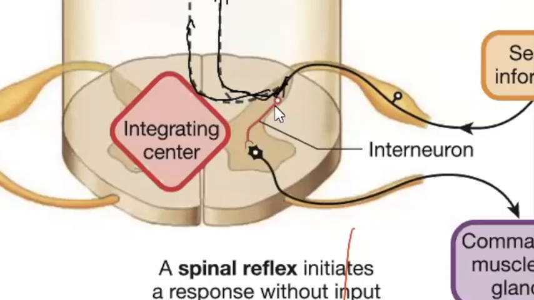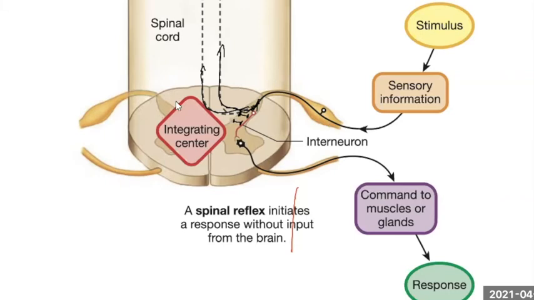This interneuron might also be influenced by other stuff going on here, right, that may influence whether it actually fires or not, right? So in this way, you could actually integrate other information that's also happening in the body before you just do this reflex. This could happen at the spinal cord.